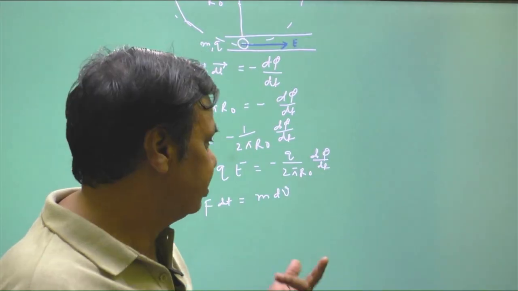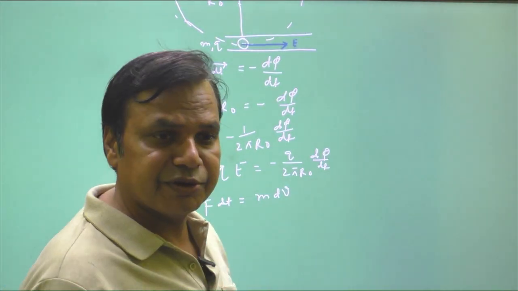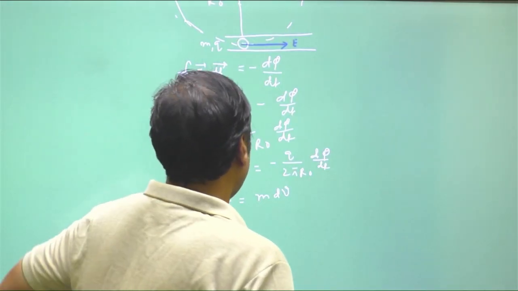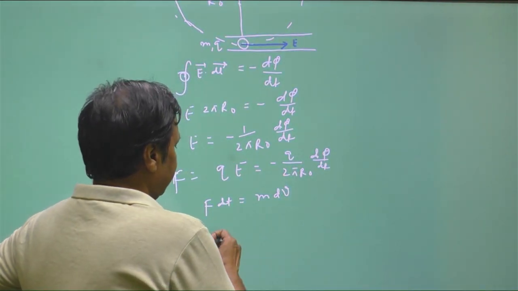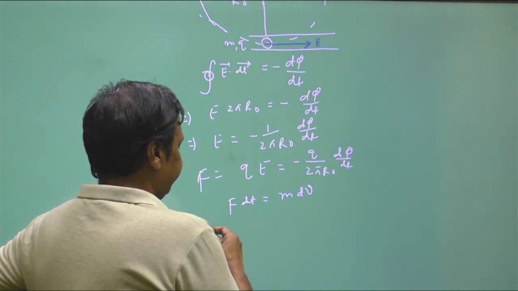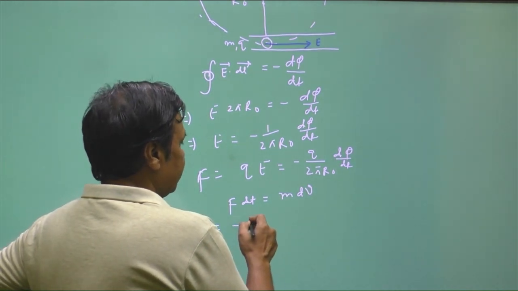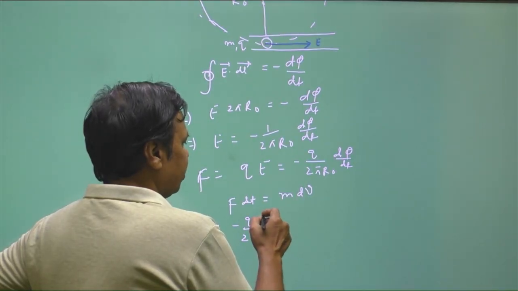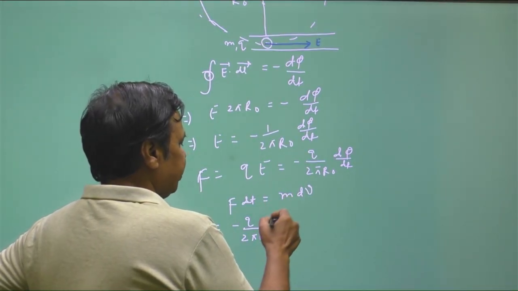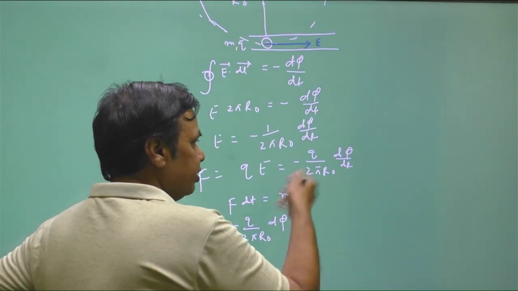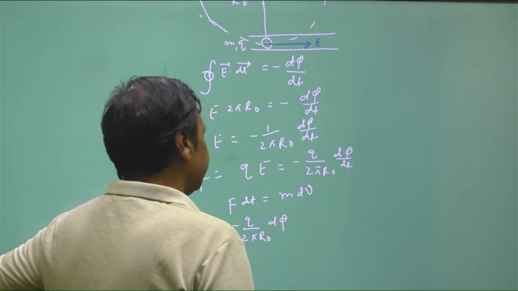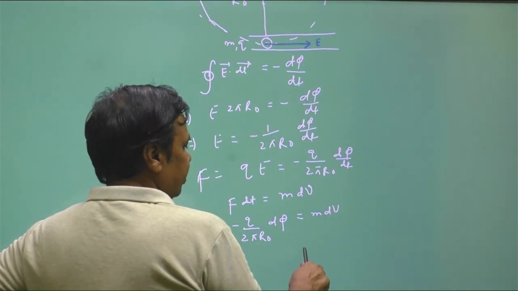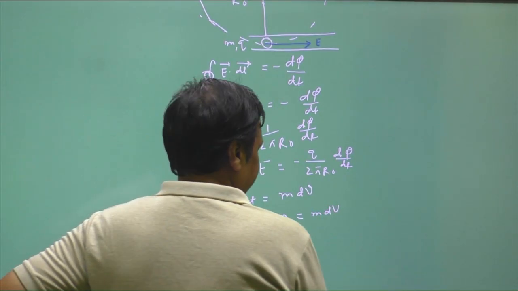Its mass will remain constant, and dv is the change in velocity during time interval dt. So F dt equals minus q upon 2 pi r naught d phi. Dt gets cancelled out, equals m dv.